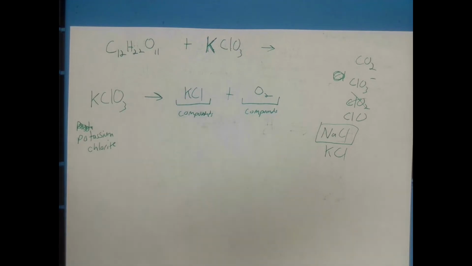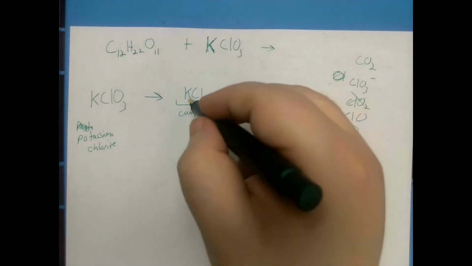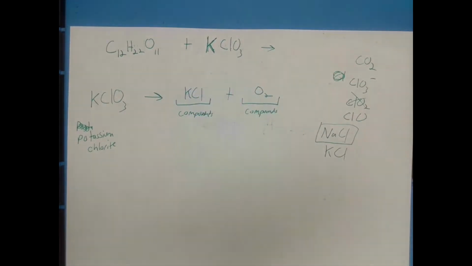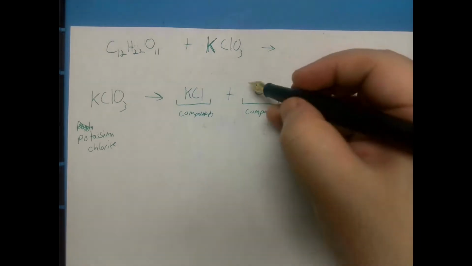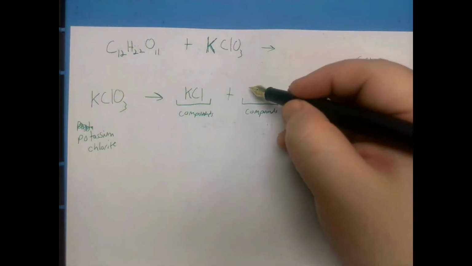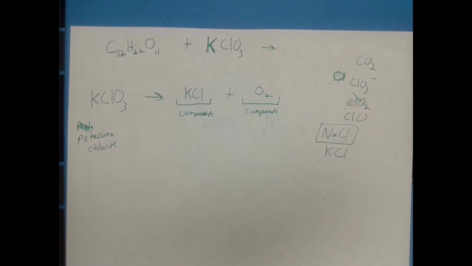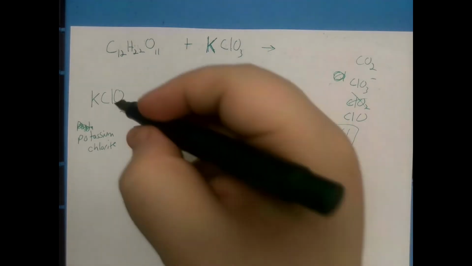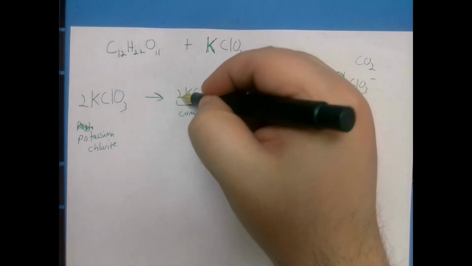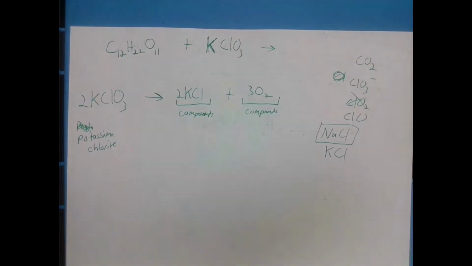They actually use it as a substitute for salt. And what's left over is oxygen. Of course, we have to balance the equation. So, what would be the prefixes, subscripts? Two, 2, and 3.